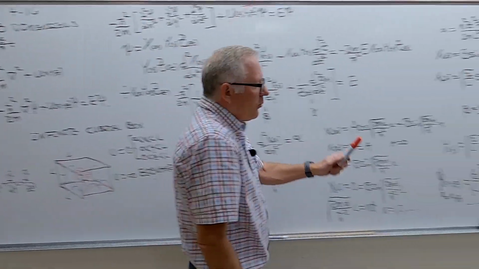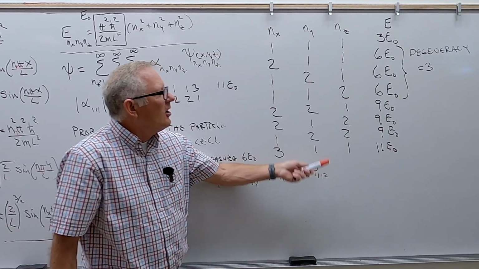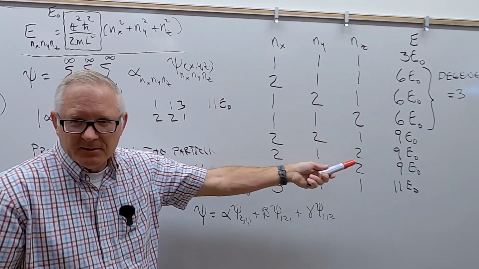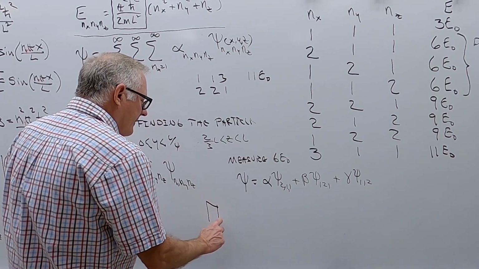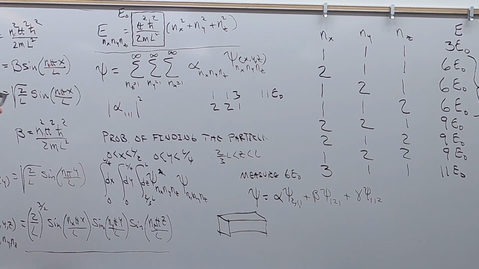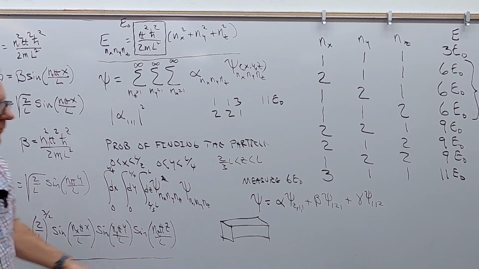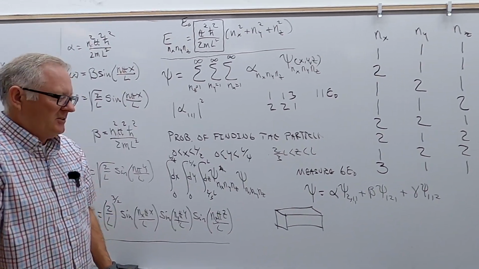So one way you can break this, so that you don't have degeneracy, is don't make it a cubical box. What if the box was longer and skinnier, something like that? You don't want any of the dimensions to be the same. You don't even want them to be multiples of each other.